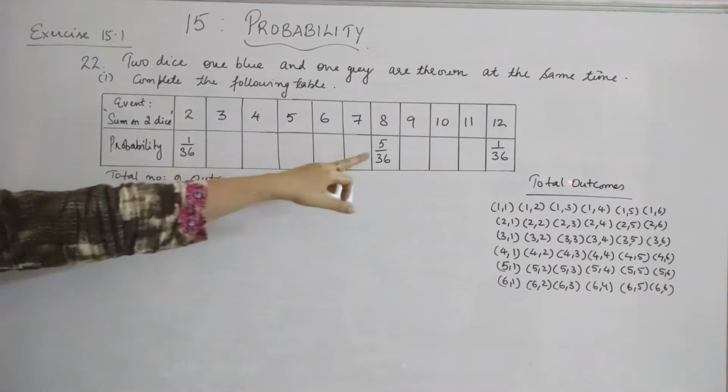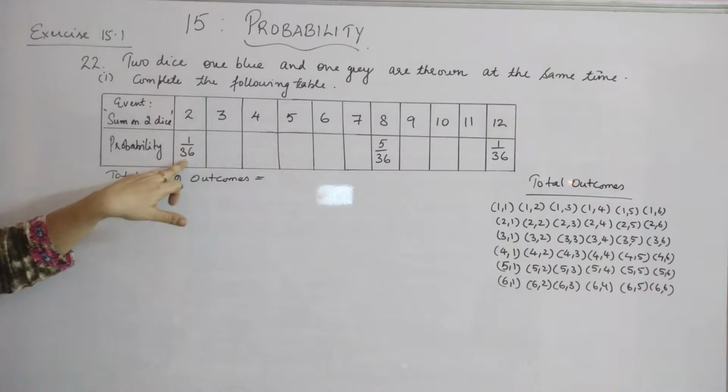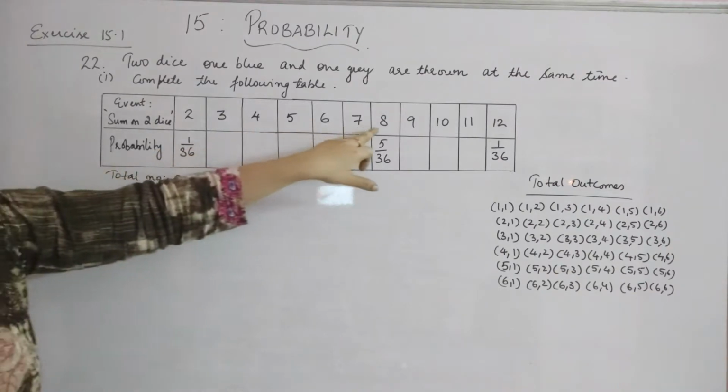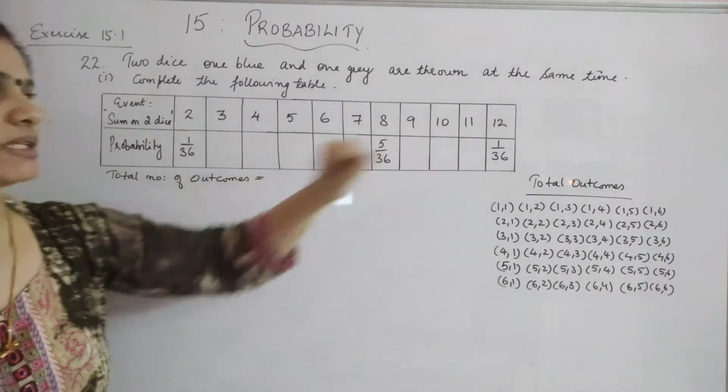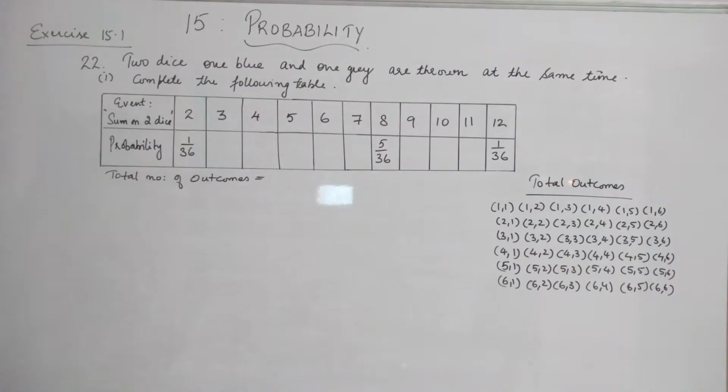Some of the probabilities are given, that is when the sum is 2, 1 by 36, when the sum is 8, 5 by 36, and when the sum is 12, 1 by 36 is given. The remaining we have to find out. The first thing you should know is what are the possible outcomes when you throw two dice.